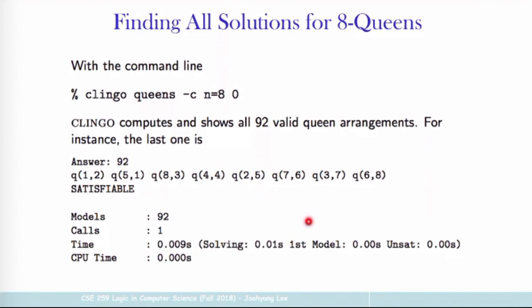Timing is very efficient, just 0.009 seconds to enumerate all 92 possibilities. So you will learn a very powerful programming method. We don't have to know how to design the data structure or the algorithm, but as long as you specify the problem correctly, the engines that understand logic will find the solutions.